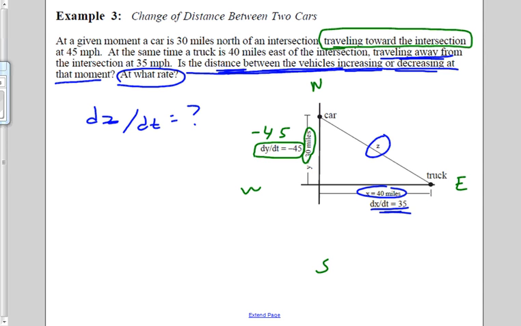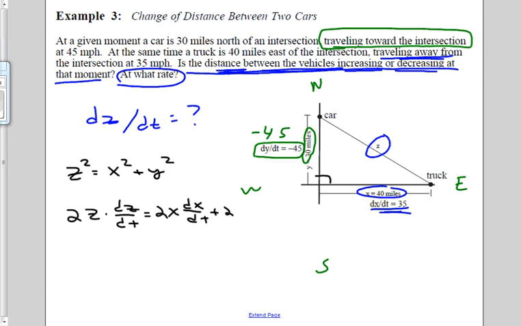How do we find that? Well, let's find what we know. We know that z squared equals x squared plus y squared. That's always going to be true. It's a triangle. And then let's take the derivative with respect to time of both sides. So when we take the derivative of the left-hand side, we're going to get 2z times dz/dt equals 2x dx/dt plus 2y dy/dt.